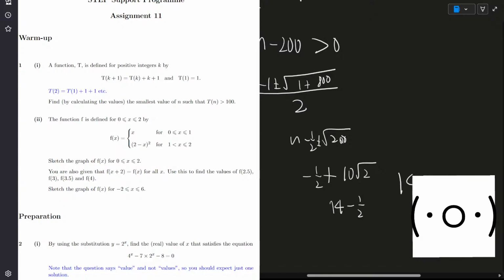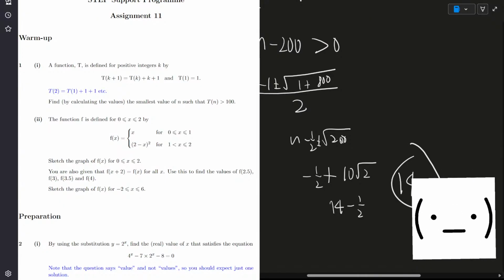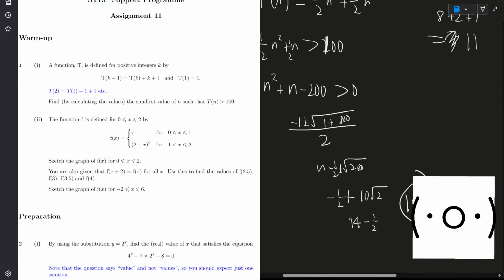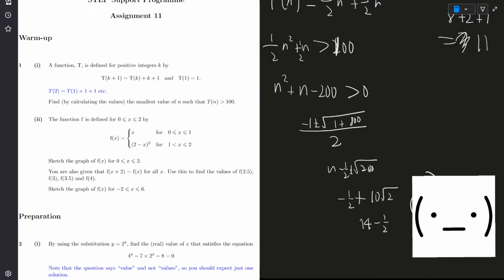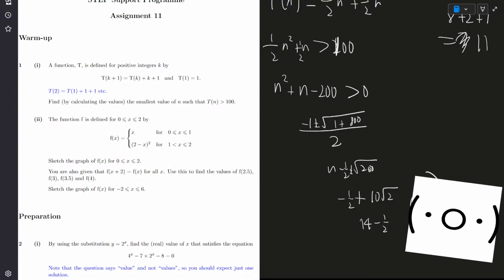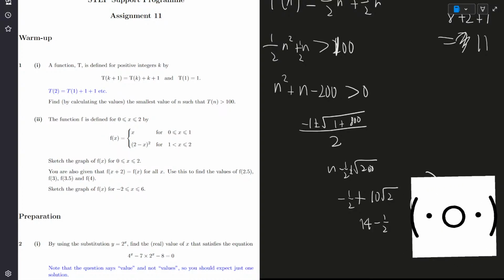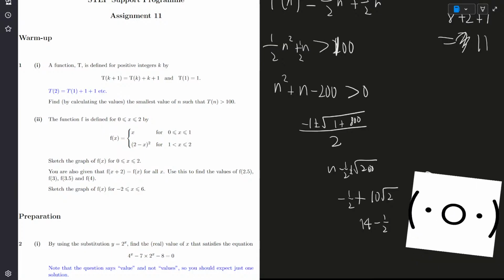So for the power of estimations, it's 14. Wow, this is so mathematically imprecise. There's literally no chance that this could be wrong. Fuck.